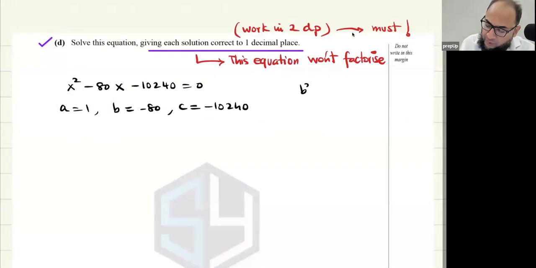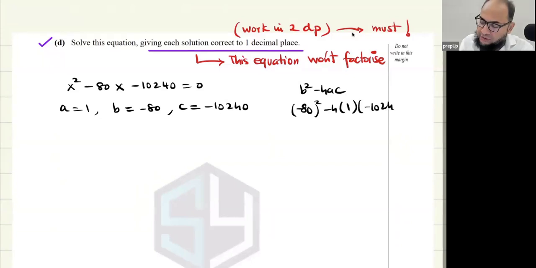Let me evaluate B square minus 4AC. That is negative 80 whole square minus 4 into 1 into negative 10240. So this is 4 into 10240. That is 40960. 8 8s are 64. This is 6400.